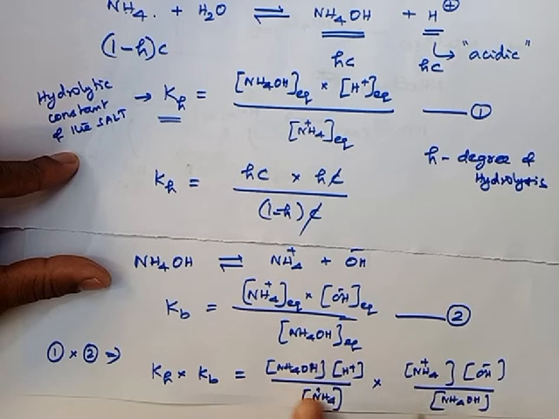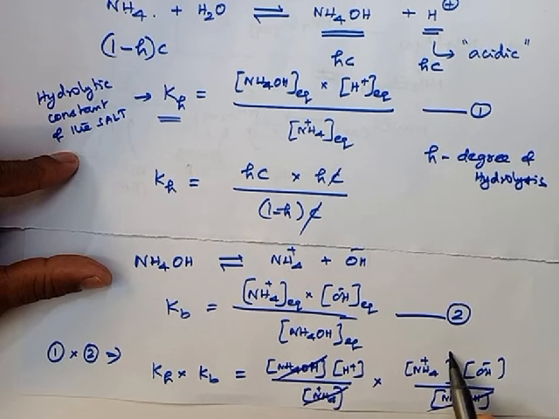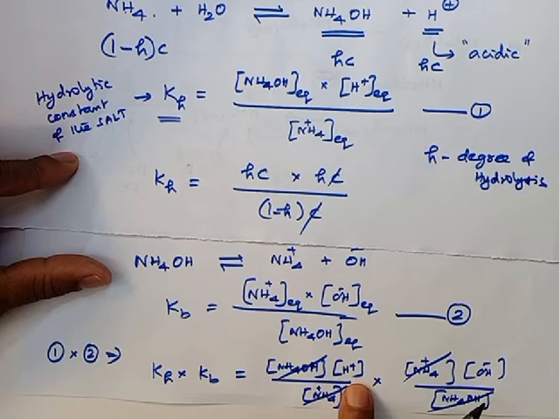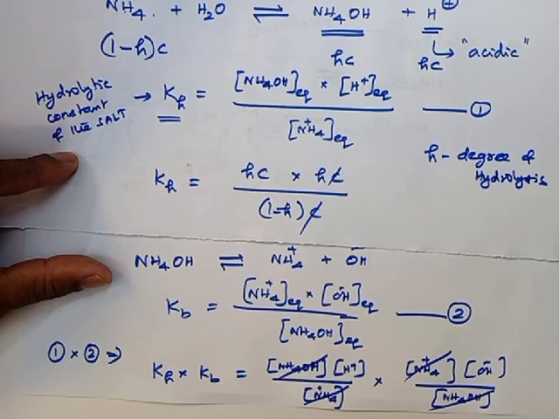Remember, all are equilibrium concentrations; I didn't put the equilibrium symbol here. This is the KH expression and this is from KB. Now you can cancel ammonium hydroxide and ammonium ion. What we are left with is H plus into OH minus.